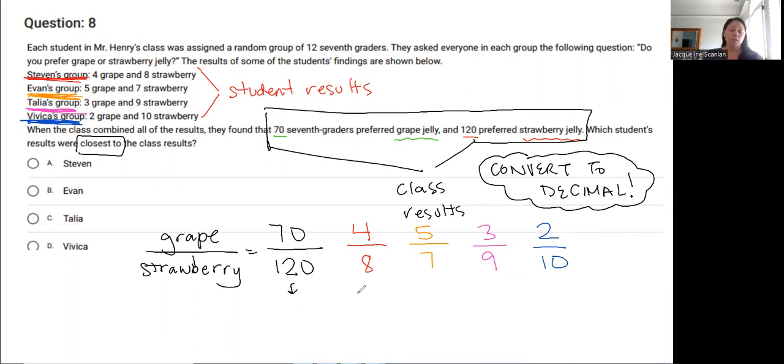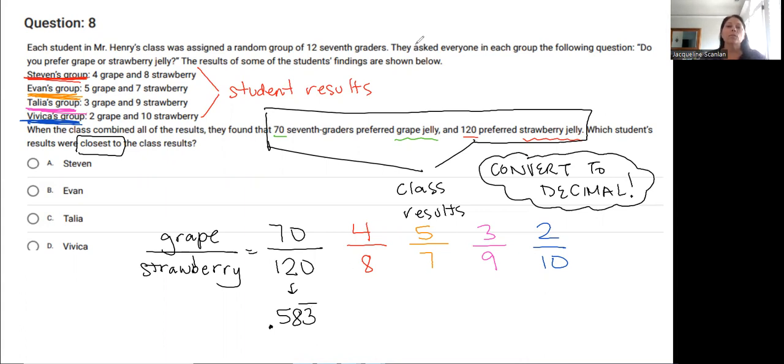All right, so I'm going to start by doing 70 divided by 120. All right, and you can see that I get this crazy decimal 0.583 repeating, right? So this gives me 0.583 repeating. That's my target. I want one of these red, orange, pink, or blue fractions to be as close to that number as possible.